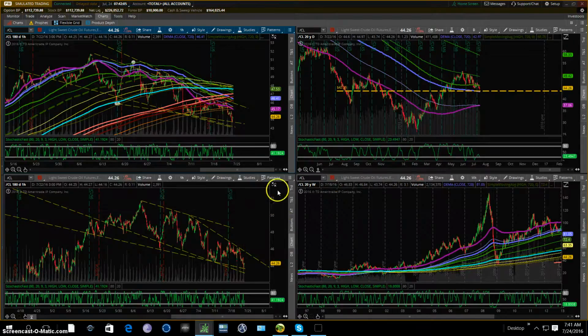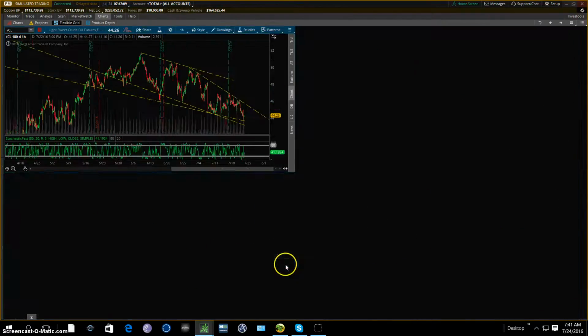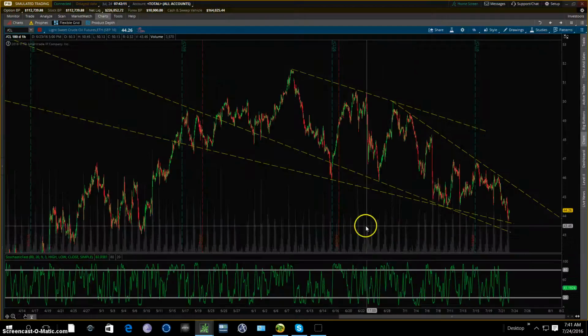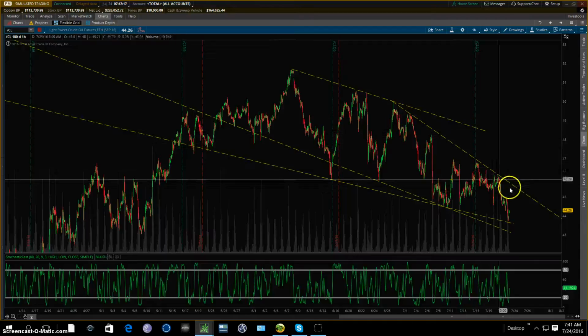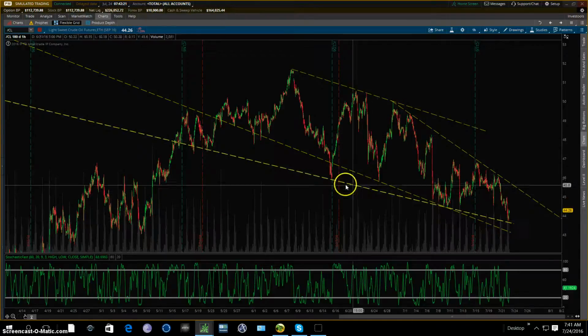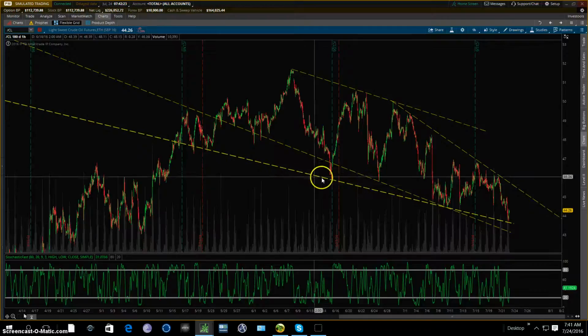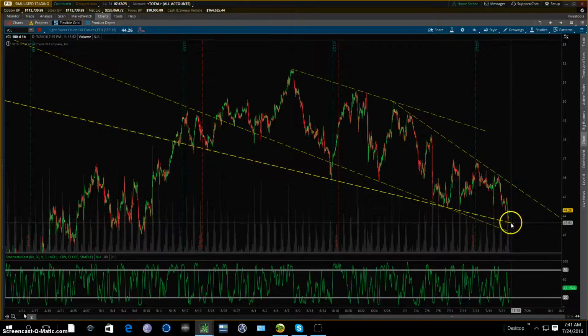So, here's real quick, just the moving averages or trend lines, my bad. You got your falling wedge. Looks like it's almost done. It's gotta bounce off of this one.